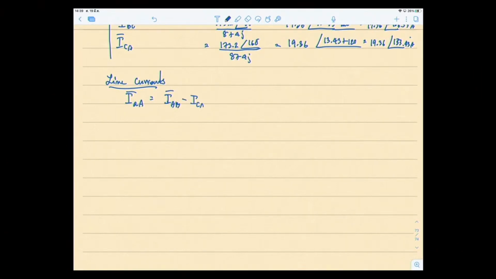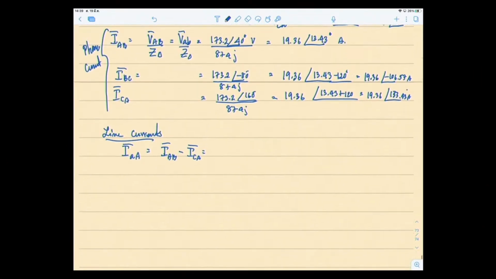So your IAB is 19.36 angle 13.43 minus ICA, 19.36 angle 133.43 degrees. Use your calculator, and you will end up getting 33.53 angle minus 16.57 amps.